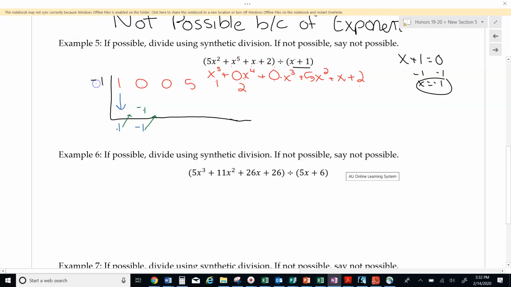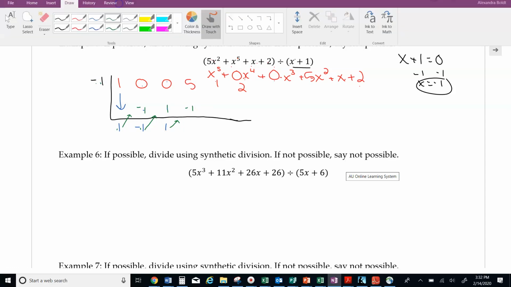Multiply. Negative 1 times negative 1 is positive 1. 0 plus 1 is 1. Negative 1 times 1 is negative 1. 5 minus 1 is 4.